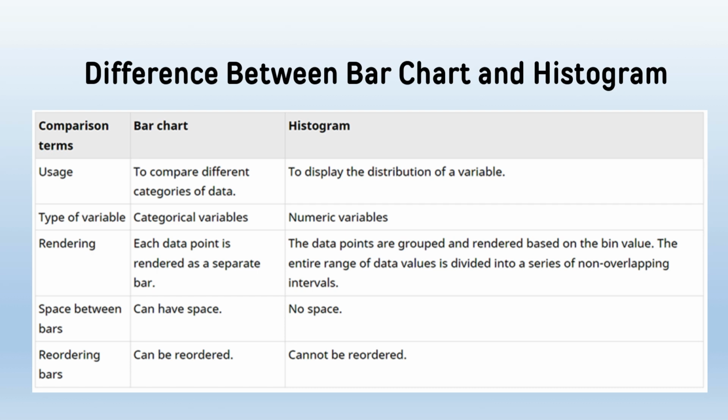In a bar chart each data point is rendered as a separate bar, but in a histogram the data points are grouped or rendered based on bin values. The entire range of data values is divided into a series of non-overlapping intervals. As for the space between bars, a bar chart has space, but in a histogram there is no space. And in a bar chart you can reorder your bars, but in a histogram you cannot reorder your bars.